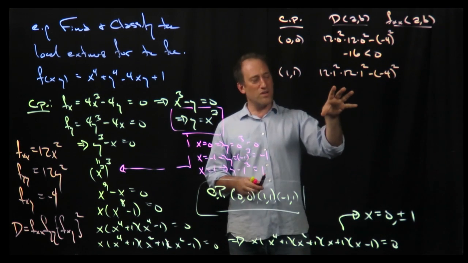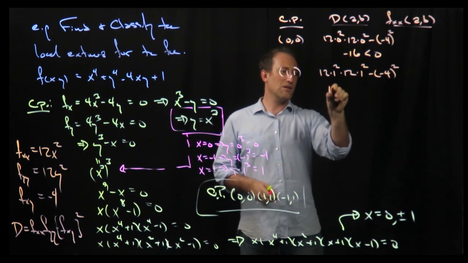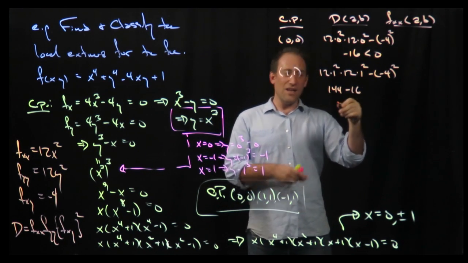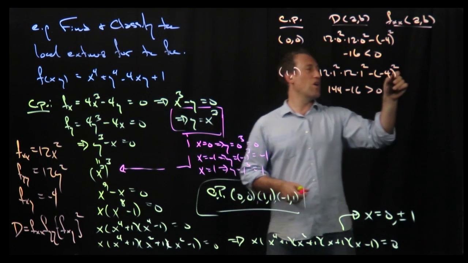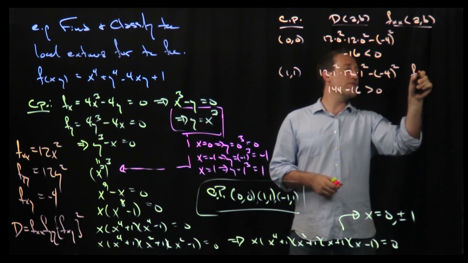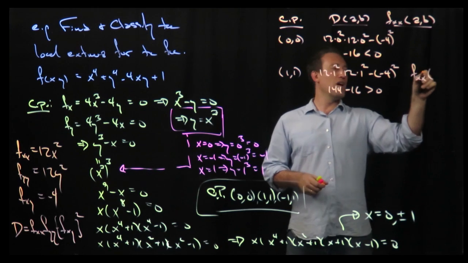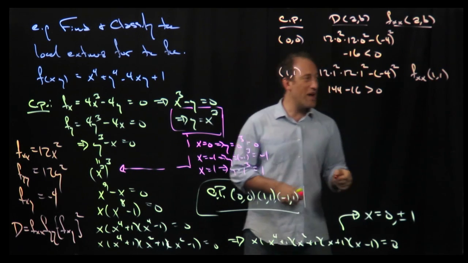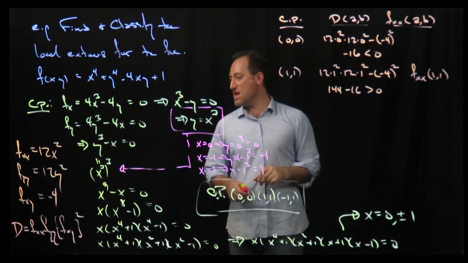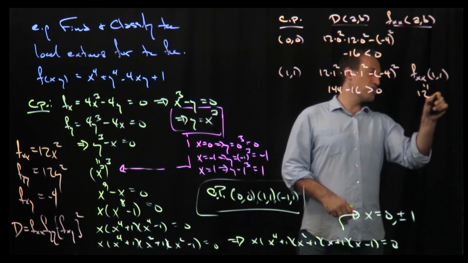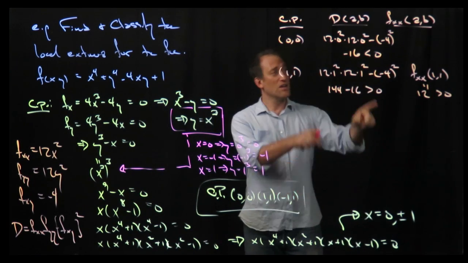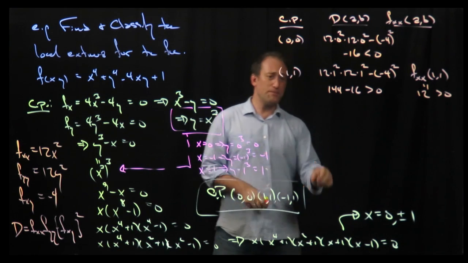So it's 144 minus 16. It's some number that I'm pretty sure is bigger than 0. So I need to find fxx of (1, 1) as well to see if I've got a max or min. fxx of (1, 1) is 12, which is positive.